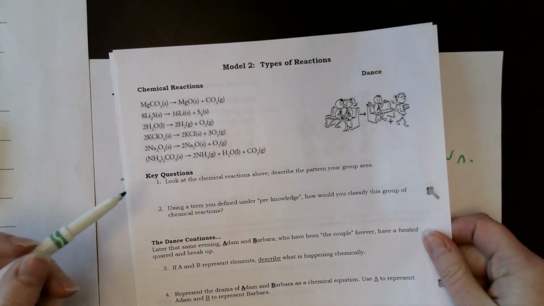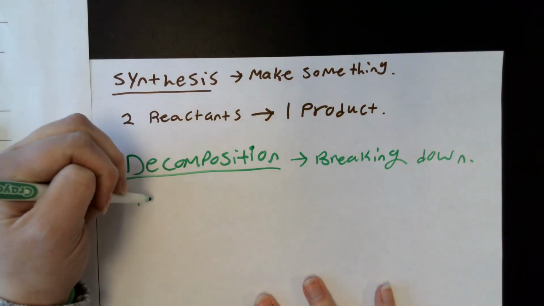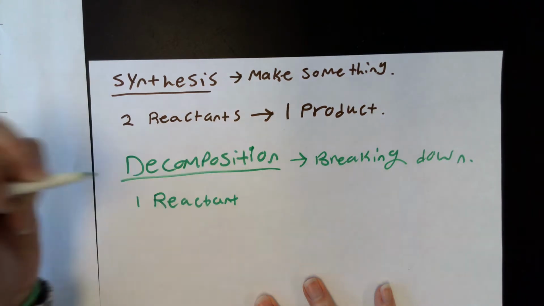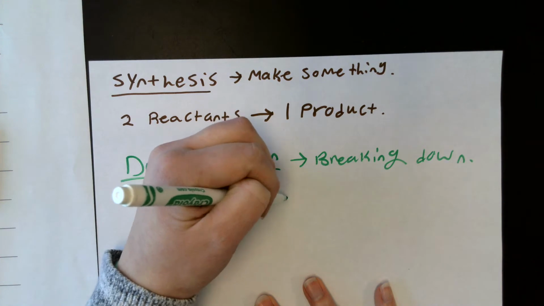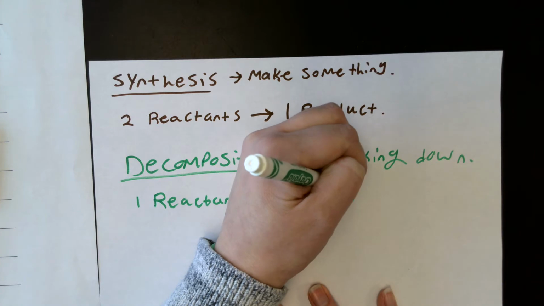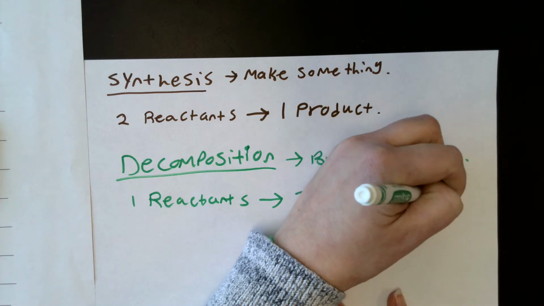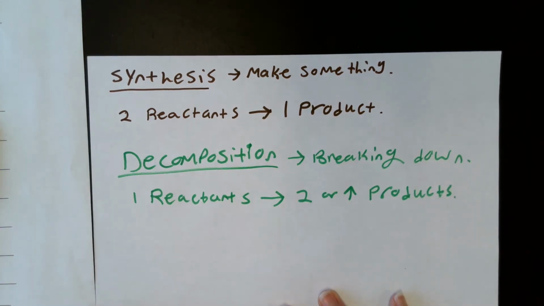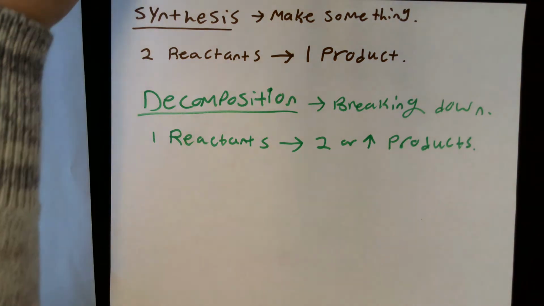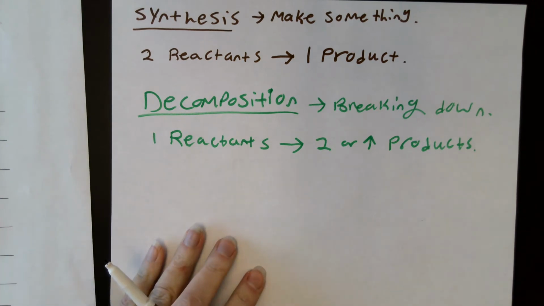It's the opposite of synthesis, where we start with one thing on the reactant side and end up with two or more products. Okay? We're going to switch back over here to brown and look at the next type.